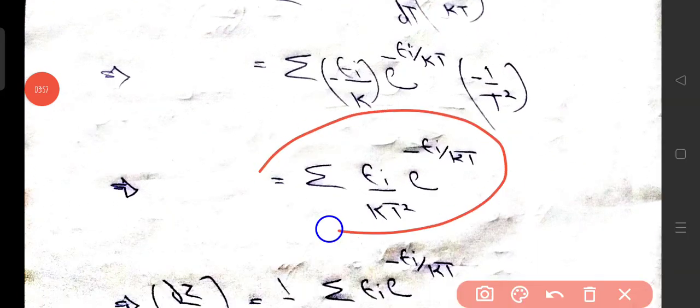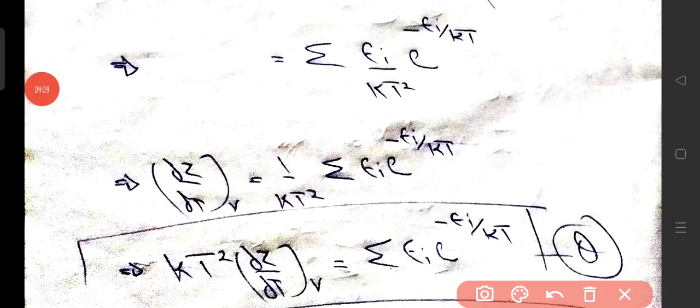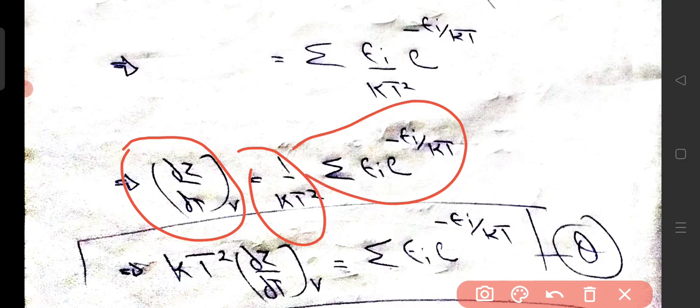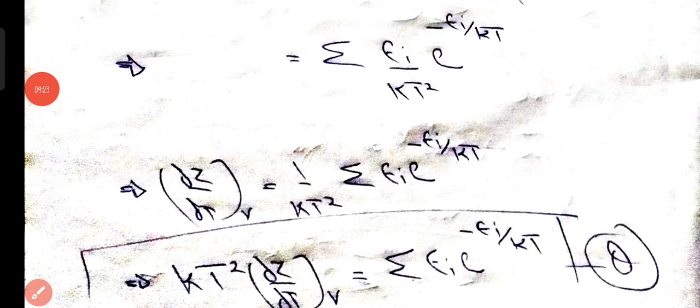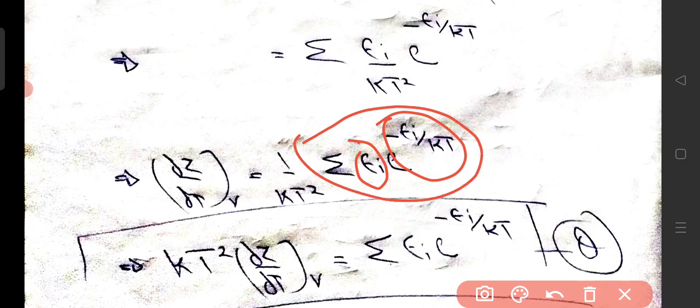So finally, substitute the values in this manner. Here Ei divided by kT square times e power Ei divided by kT. So now dZ divided by dT at constant volume is equal to 1 over kT square, summation Ei into e power Ei divided by kT. The value having subscript i is always at the right hand side of the summation.